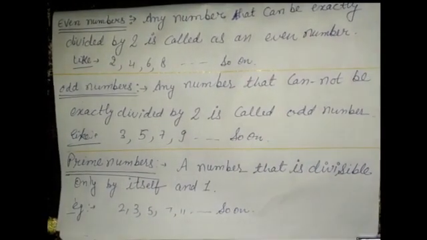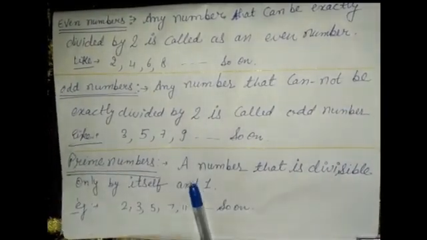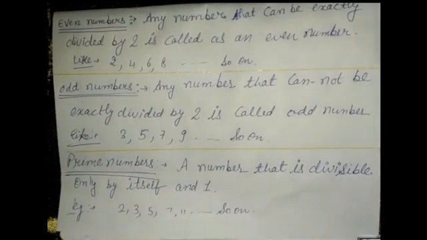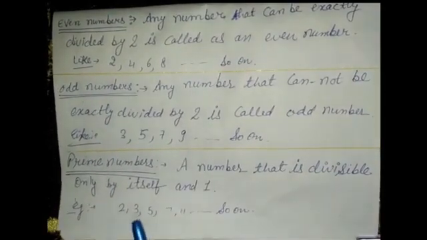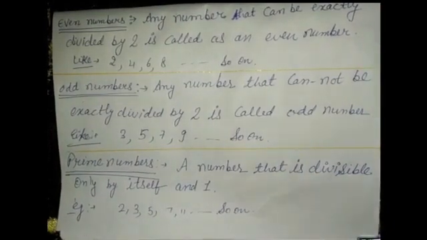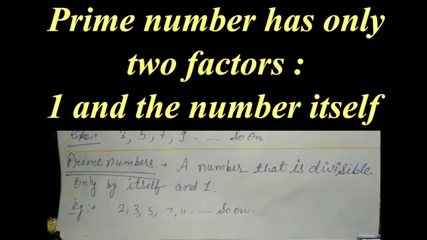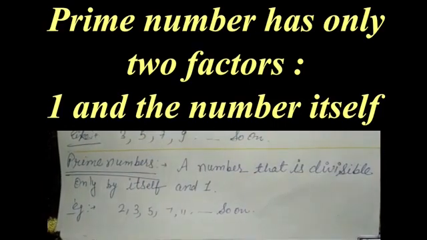Next is prime numbers. A number that is divisible only by itself and 1. Means a number that is divisible only by itself or by 1 is called a prime number. We have a few examples here: 2, 3, 5 and like this. You can also say in simpler language that prime numbers have only 2 factors, 1 and the number itself.